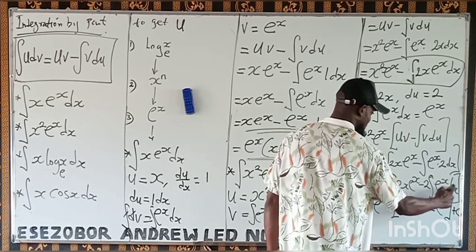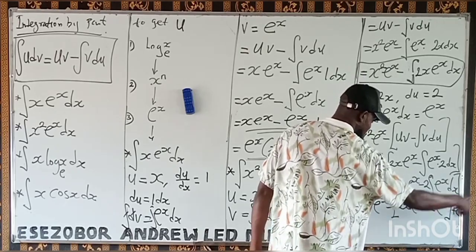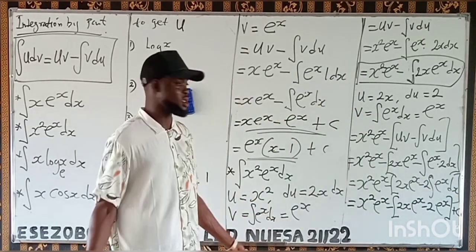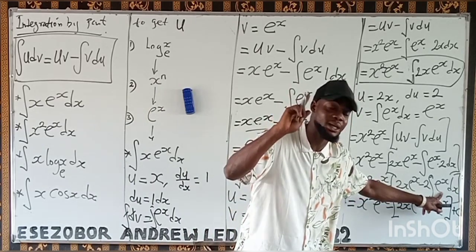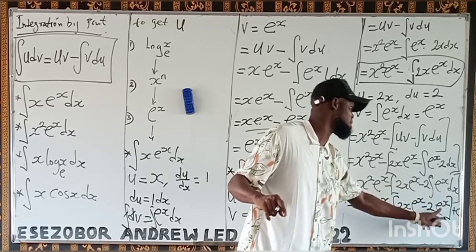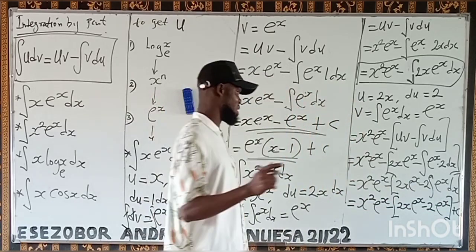If you integrate only exponential x, the answer remains exponential x because there's nothing else there to integrate. So that's how it is done.